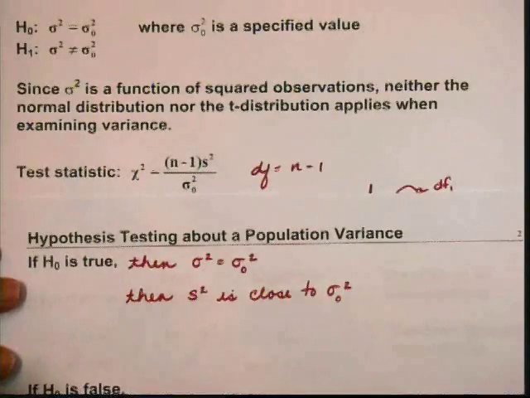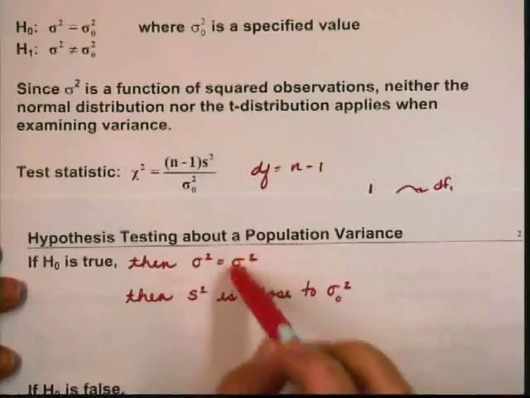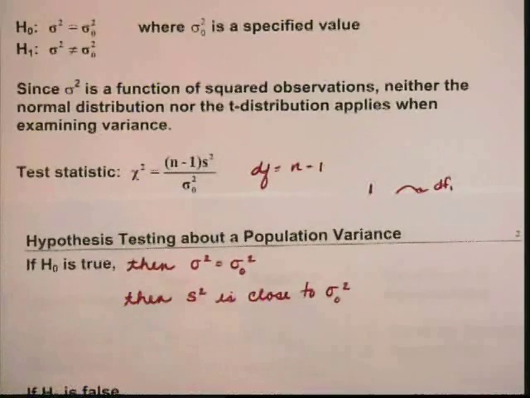Agreed? The null hypothesis is true, so our sample data should reflect this condition. We know it's never going to be exact, but we should get close to it.